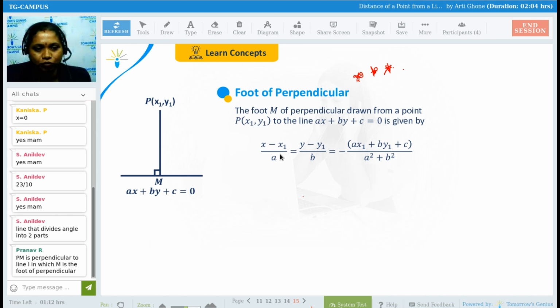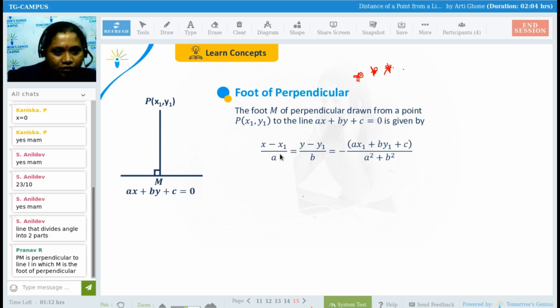So you can understand what the foot of perpendicular is. PM is a perpendicular, so M is the foot of perpendicular. Now my question is, if M is the foot of perpendicular and it lies on AB, then is the foot of perpendicular received in terms of a point or in terms of a line?